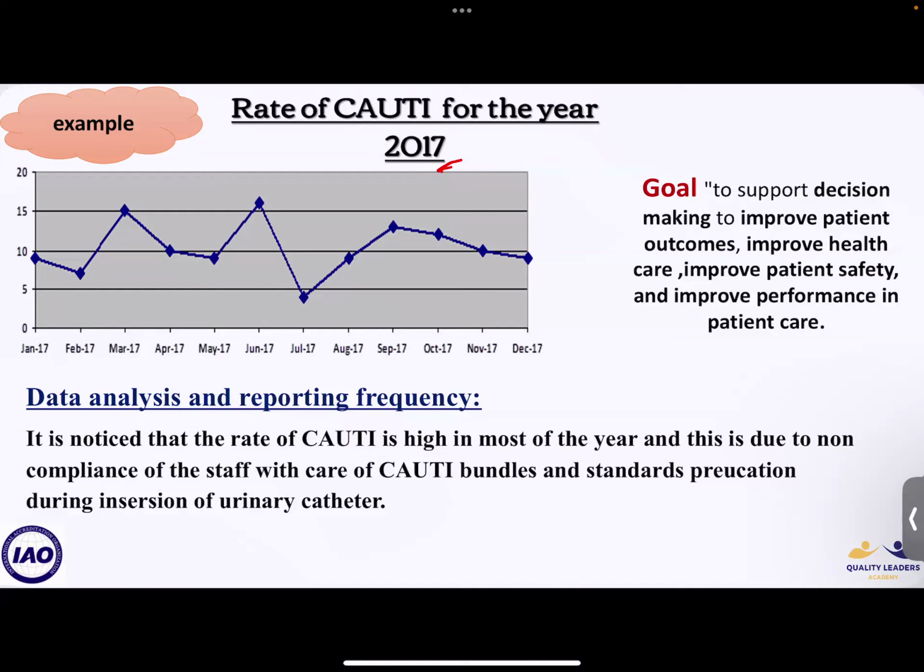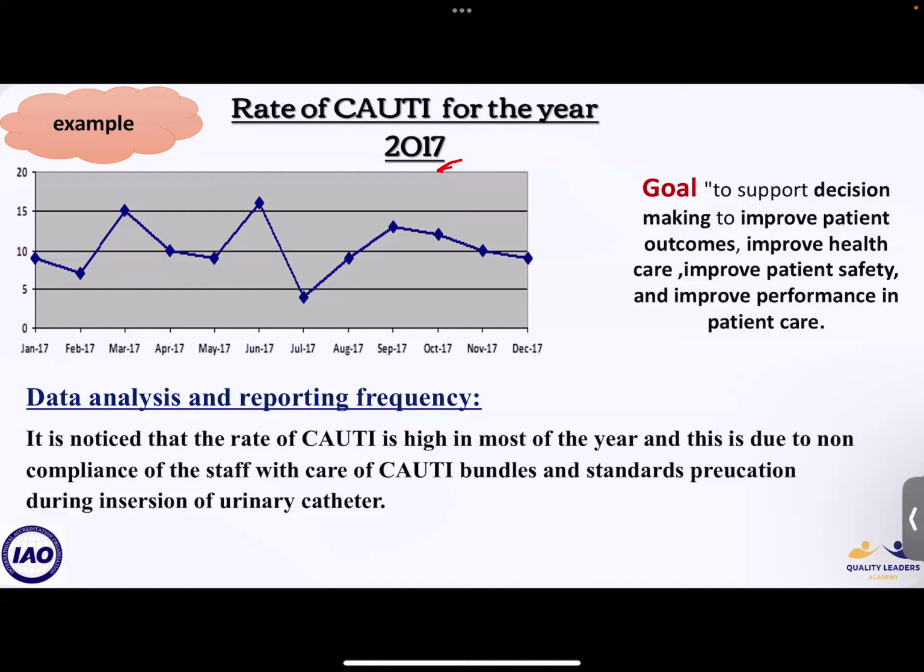And this is due to non-compliance with the care of healthy habits and standard precautions during infection of risk factors. So now I know, basing on this data, that I have a defect in compliance with care. Therefore, the action or decision I will make is to figure out how to increase the compliance in these areas.